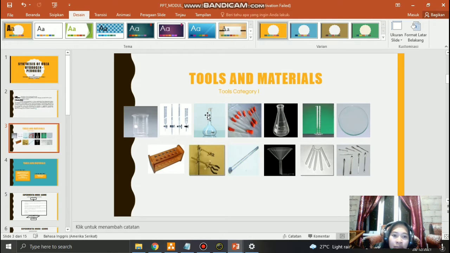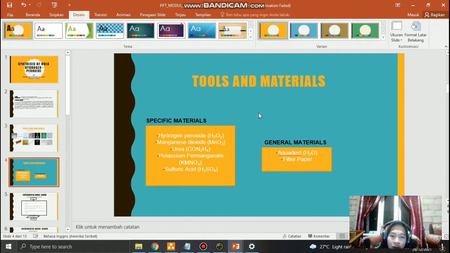Next, tools and materials. This is the tool for the practicum synthesis of UHP. Next, the materials of the practicum: 1.